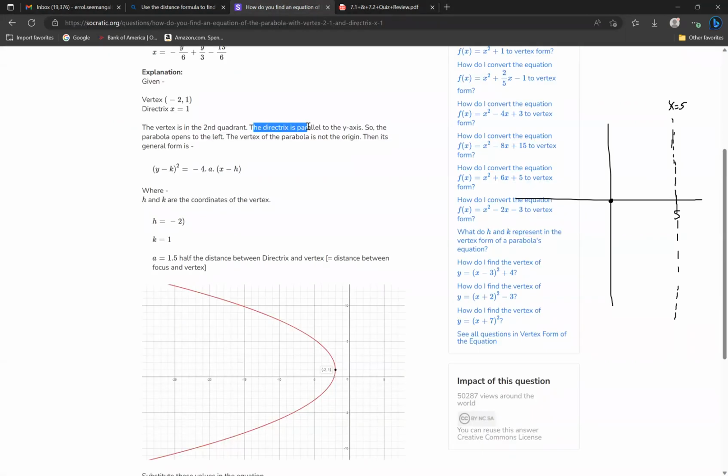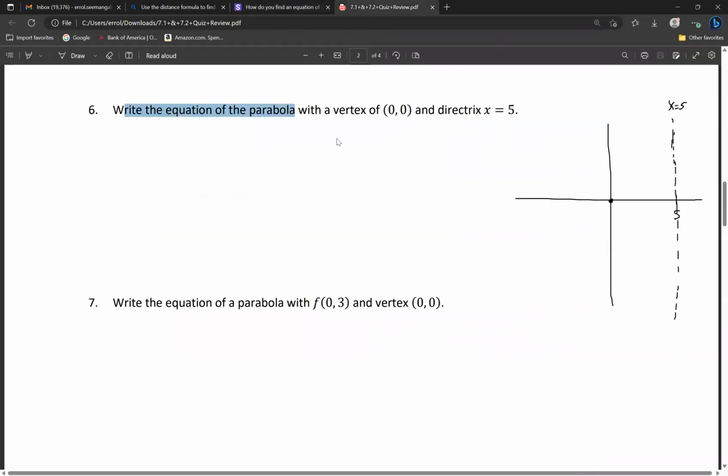The example says the directrix is parallel to the y-axis, which is the same as ours. So the parabola opens to the left. Our parabola is going to open to the left too, and our vertex is 0, 0. So it's something like this, and this is your 0, 0, right? Let's go back to the example.